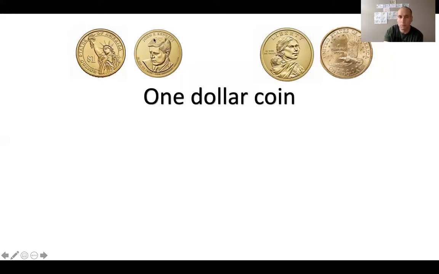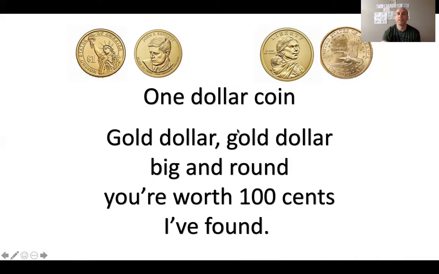There's the first 40 presidents you might find on the dollar coin. Then on other dollar coins, boys and girls, you'll have the bald eagle, but you also have different famous people throughout the history of America that have played a big role in our country. They can be found on dollar coins as well. And let's say this poem together. Gold dollar, big and round, you're worth 100 cents I've found.